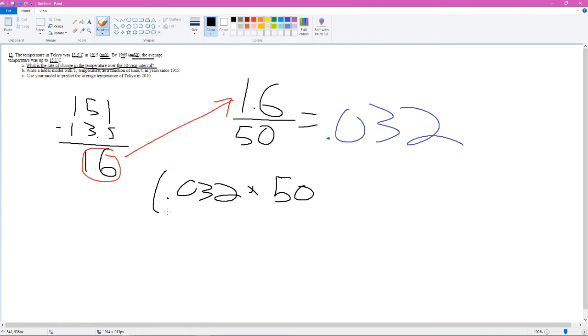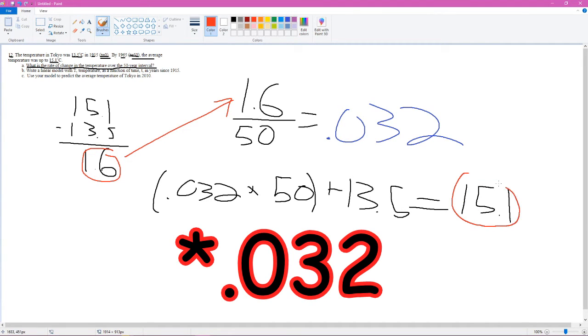And then if we add that answer to 13.5, then that will equal 15.1. And so since this is true, that means that the rate of change in the temperature over the 50-year interval is 0.032 degrees per year.